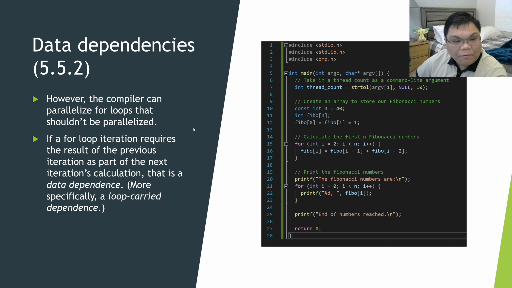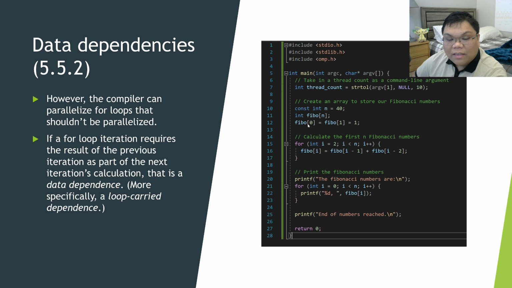So, if a for loop iteration requires the result of the previous iteration as part of the next iteration's calculation, what we have is a loop carried dependence. The calculation of consecutive Fibonacci numbers is a great example of this. We have an array that has 40 Fibonacci numbers, or it will.